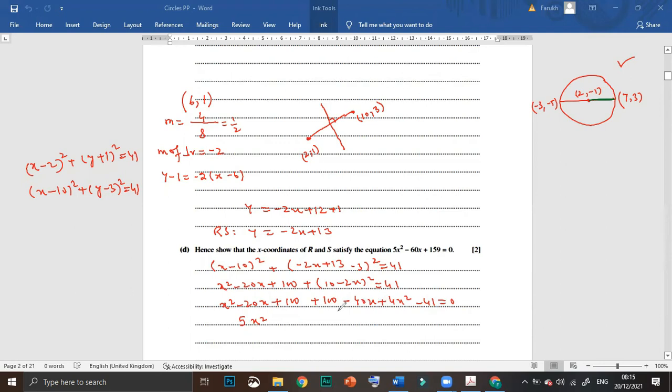So 5x square minus 60x plus 159 is equal to 0 is the required equation. Any confusion?